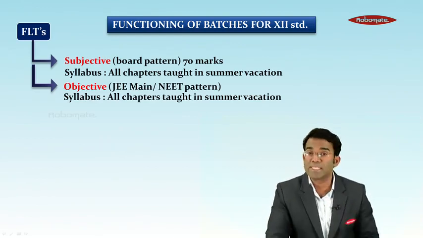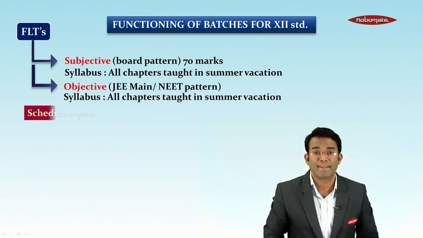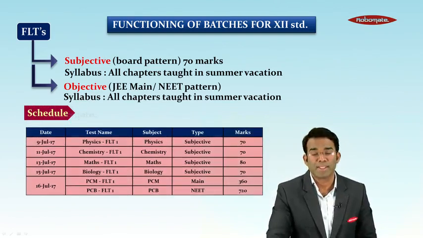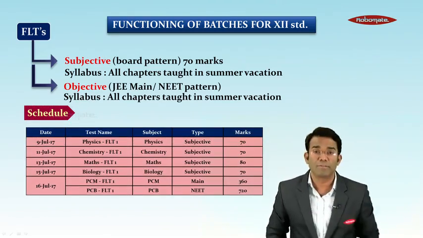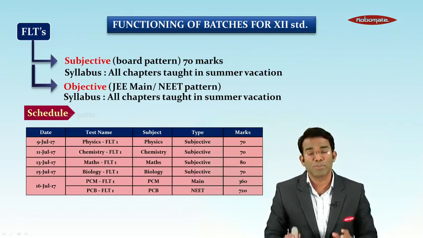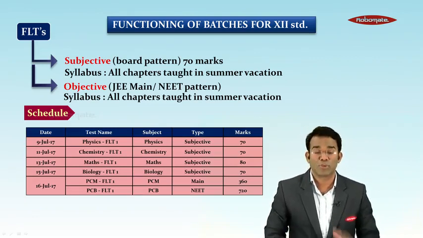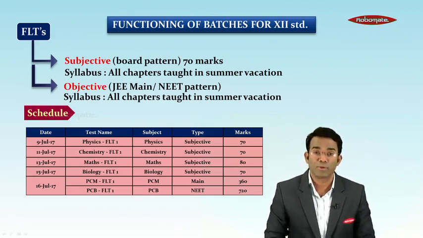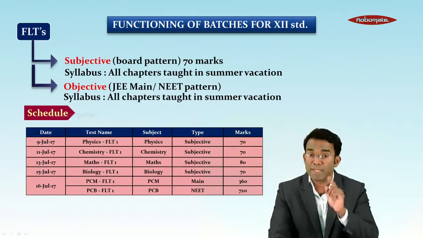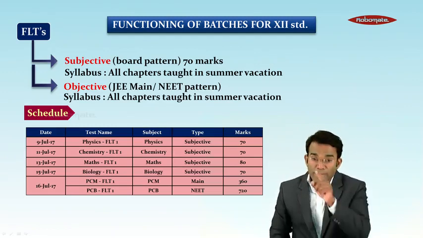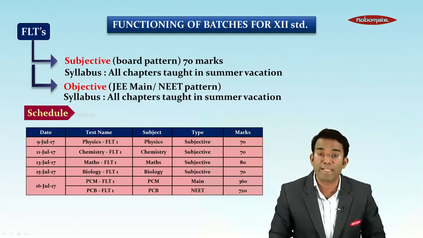And talking about the schedule of this full length test, you can see on the screen, it starts from 9th of July. So on 9th July you have the physics full length test, where all the portion of physics that we taught in summer vacation, those 6 or 7 chapters, will all be covered here, and that is a 70 marks paper. On 11th of July there is a chemistry full length test.